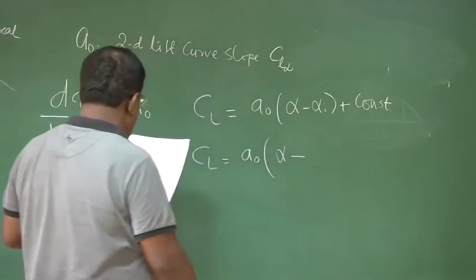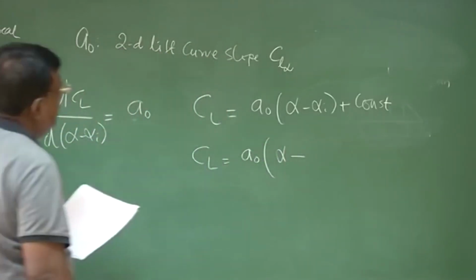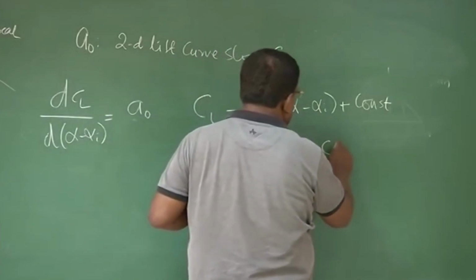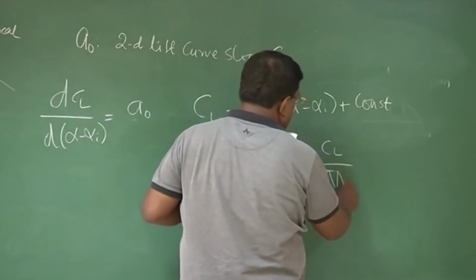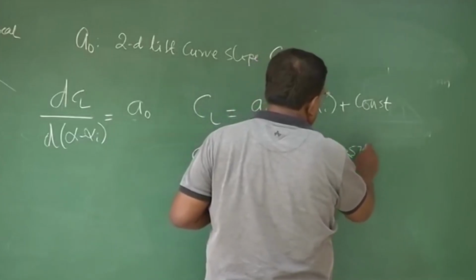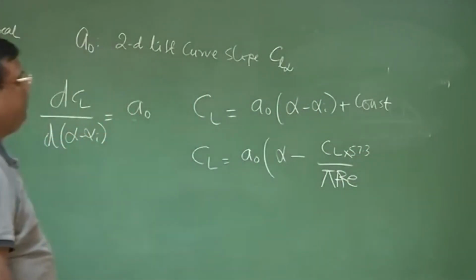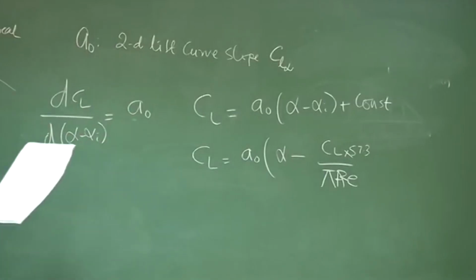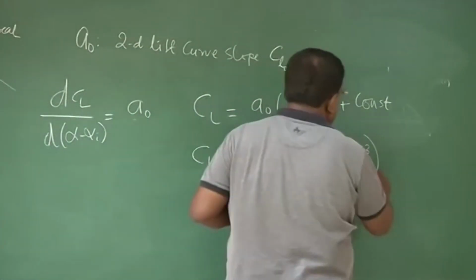For alpha I I put the expression I wrote earlier, CL by pi aspect ratio e, multiplied by 57.3 to convert from radian to degree, and then plus constant.